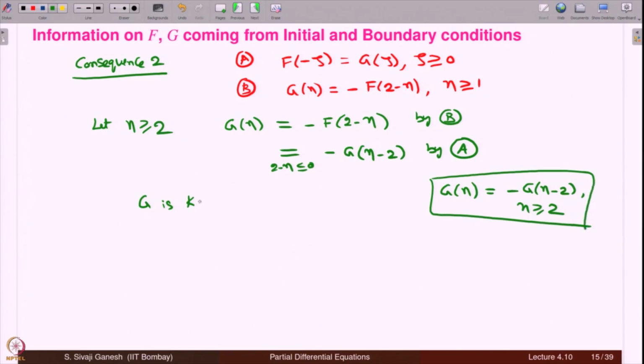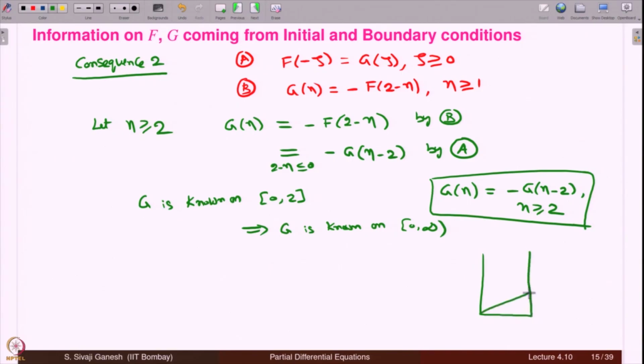From here it follows that G is known on 0, 2, which implies G is known on 0, infinity. As you remember from the last lecture and as well as from this picture, this is how things were.